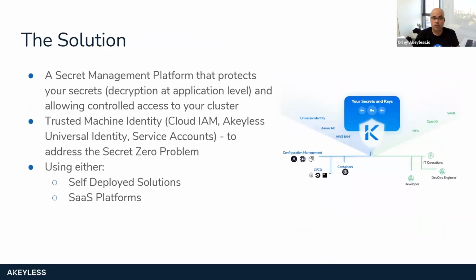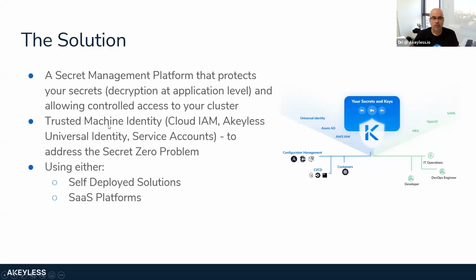Let's talk about the solution for all of the things that I mentioned before, all of the 3 problems that were discussed. The first thing: instead of using the built-in Kubernetes secret store, which has its limitations, we want to use a secret management platform that protects, meaning encrypts, secrets, which are decrypted at application level. Also, to have controlled access to the cluster.